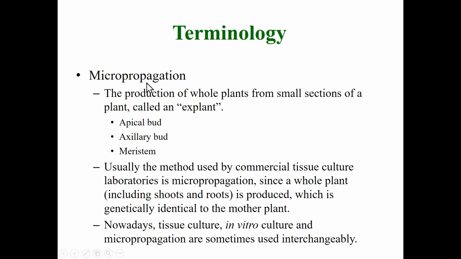Another very important term is micropropagation. Micropropagation means the production of whole plants from a small section of a plant called an explant. So you take an explant like apical bud, axillary bud, or meristem, and you propagate it in the culture medium and get a whole plant.